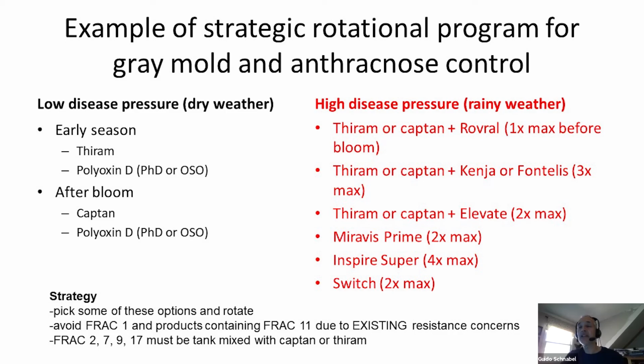You can apply that 3 times maximum per season. Or you can choose to combine Thyram or Captan with Elevate 2 times per season, or you can use Miravis Prime as a solo product twice, Inspire Super as a solo product 4 times, Switch as a solo product 2 times. So you can pick from those options and make sure that you rotate.